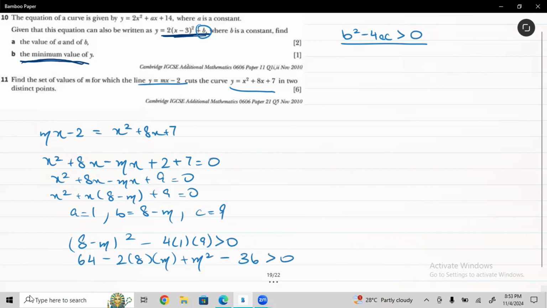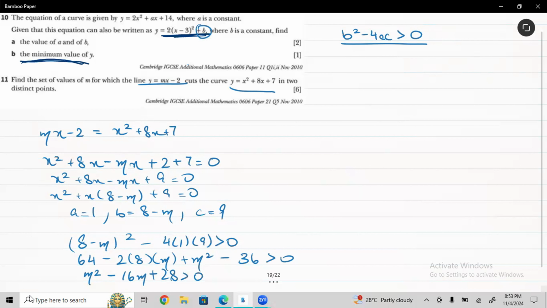Simplifying, we get m squared minus 16m, and 64 minus 36 is equal to positive 28, is greater than 0.